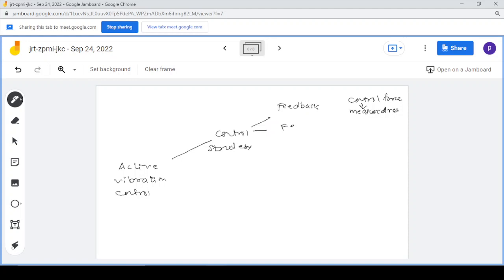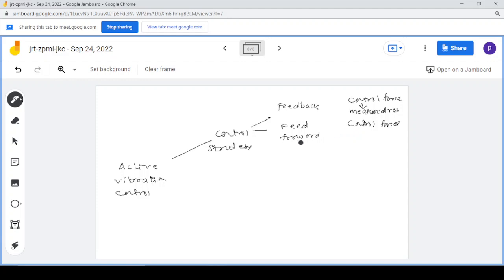Then what is the purpose of the feed forward? The control forces are determined based on the measured excitation, or some signals directly related to the excitation.